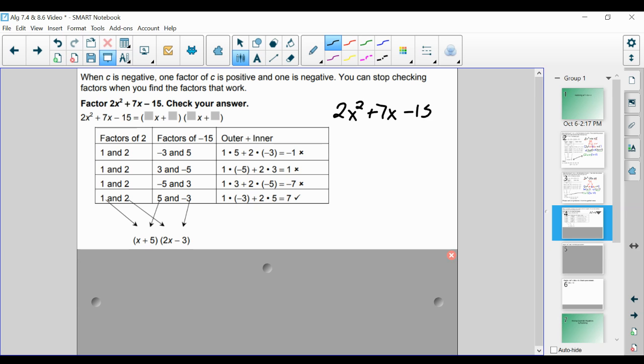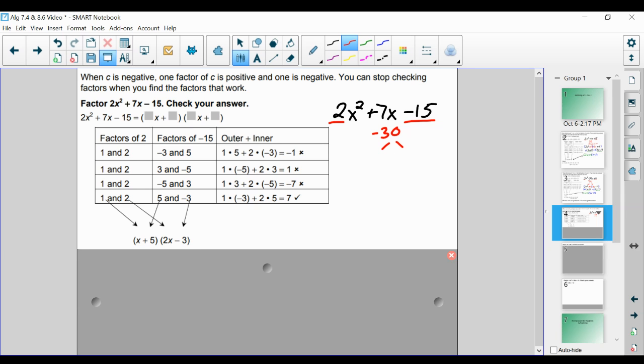We're going to write our original problem. Multiply our a and c values, and we get negative 30. Now, since we have a positive b value, that means the factor that is bigger has to be positive. So we need one negative and one positive. So let's just try to determine what it's going to look like.